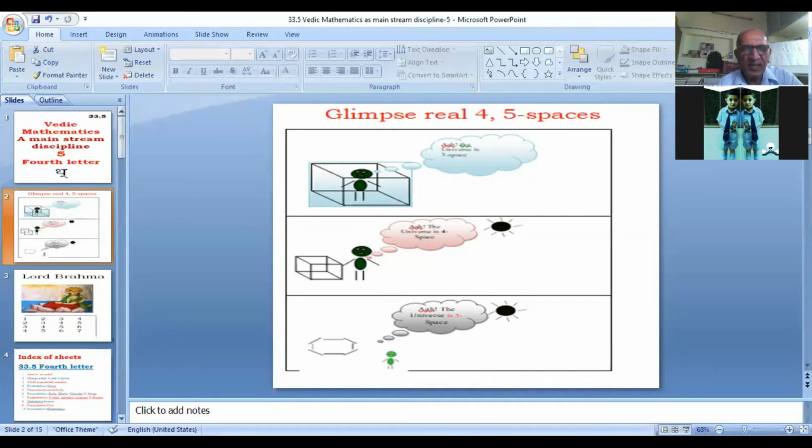And to melt this mental state, one is to come out of the room, one is to come out of a cube. So when one will be out of a cube, as is depicted here in the sheet, one will be realizing that the outer space is a four space. Three space is left behind.